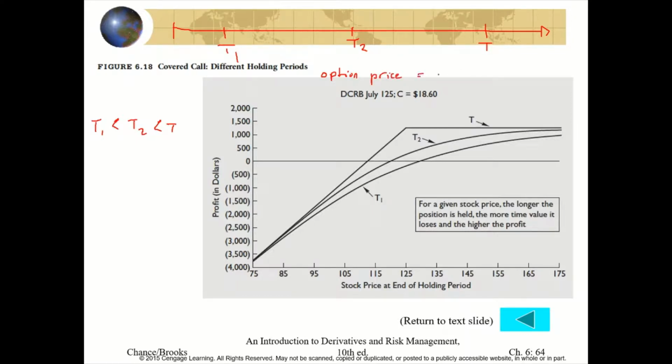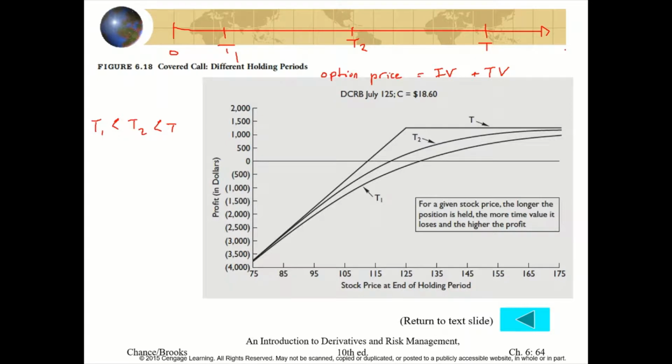It goes back to the relationship between the time value and the option price. Now, at time 0, we took a short position in the call option, right? At time T1, we are going to close our short position, which means we are going to buy the call option. So we will pay the premium.